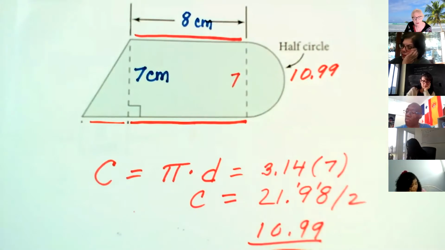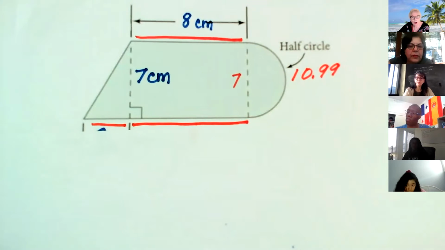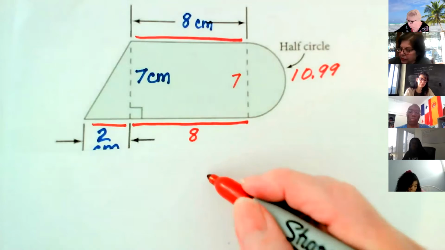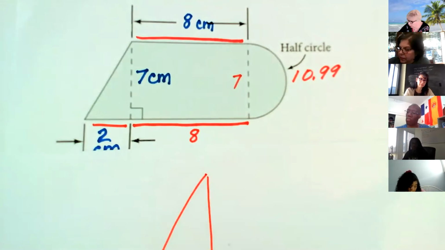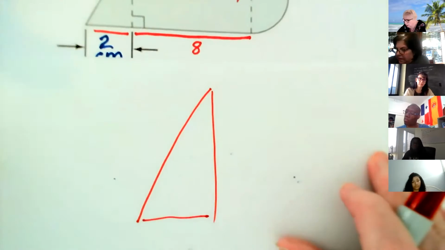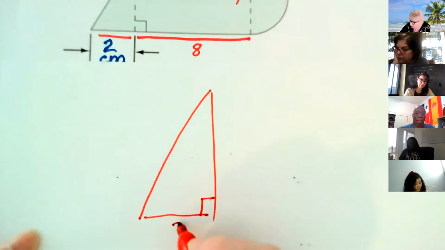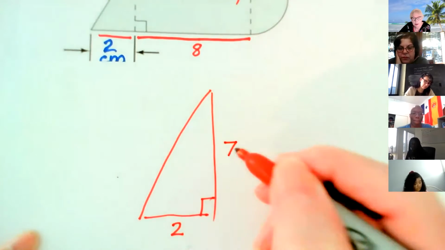So I went with a full circle, I got the answer, and then I said, oh, it's only half. And so I divided by 2.